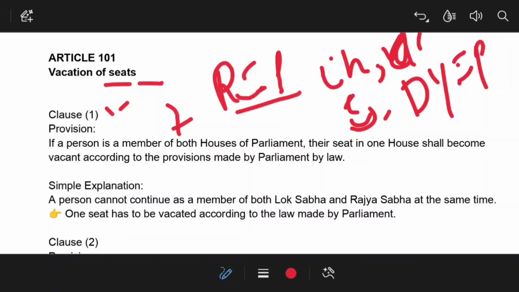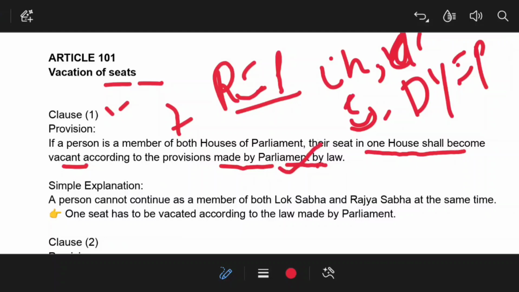Then what happens in this case? If a person is chosen to Rajya Sabha and the Lok Sabha as well, their seat in one house shall become vacant according to provisions made under the law by the Parliament of India. That means the law-making power regarding the vacation of seats if a member is chosen to both houses lies completely with the Parliament.